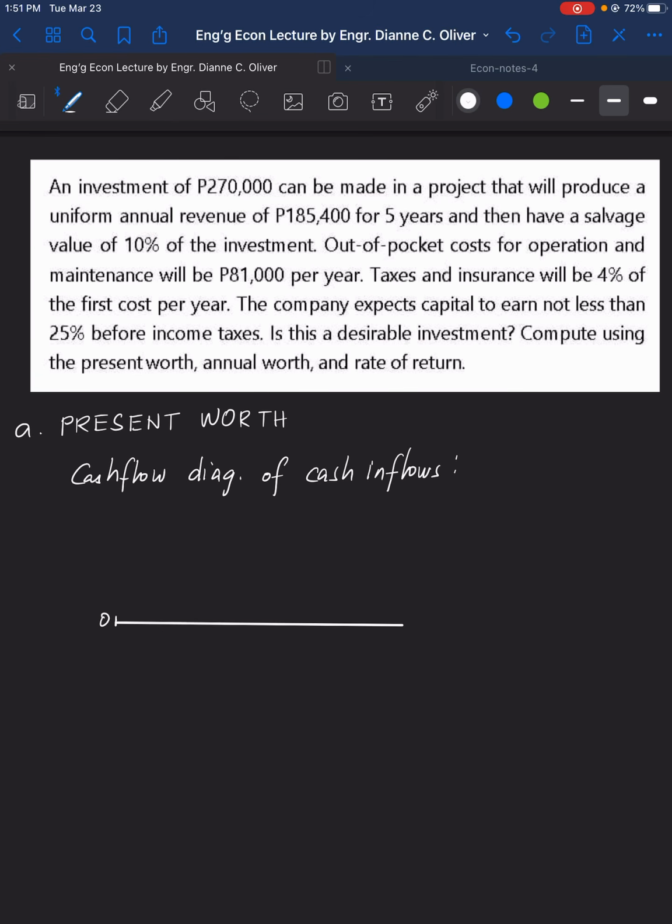So this is year 0. We have 1, 2, 3, 4, 5. We have 5 years here. Since we are dealing with cash inflow, we will use an upward arrow, and that will be an annuity of 185,400 pesos.